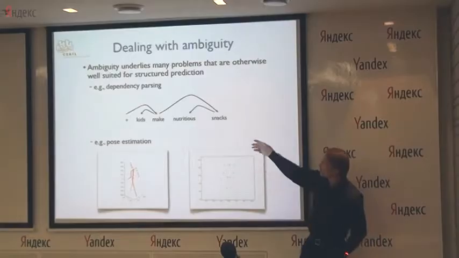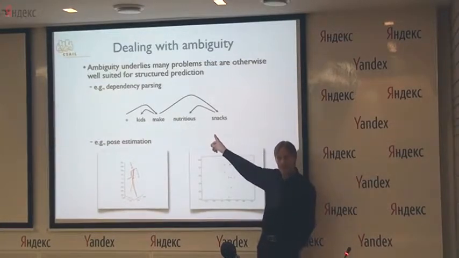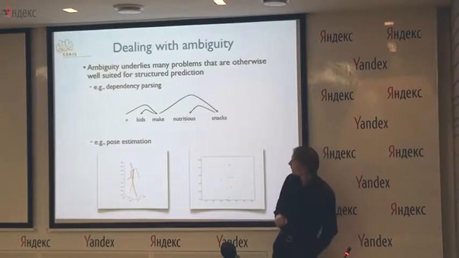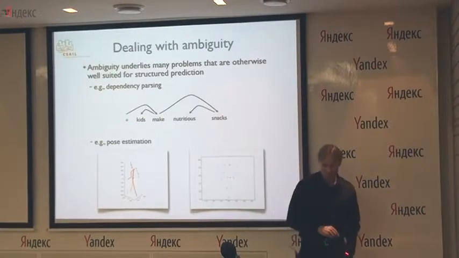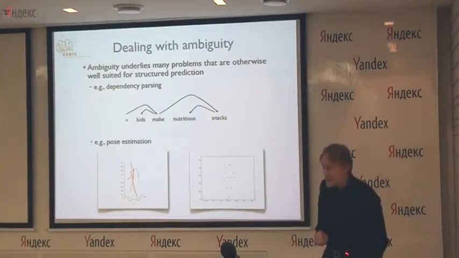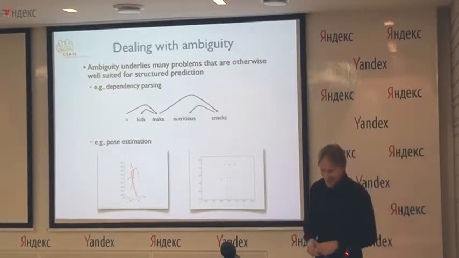The problem here is that linguistically, it is actually ambiguous. You don't necessarily know whether the snacks are nutritious or the kids are nutritious. Either the kids prepare the snacks or the kids are prepared as the snacks.